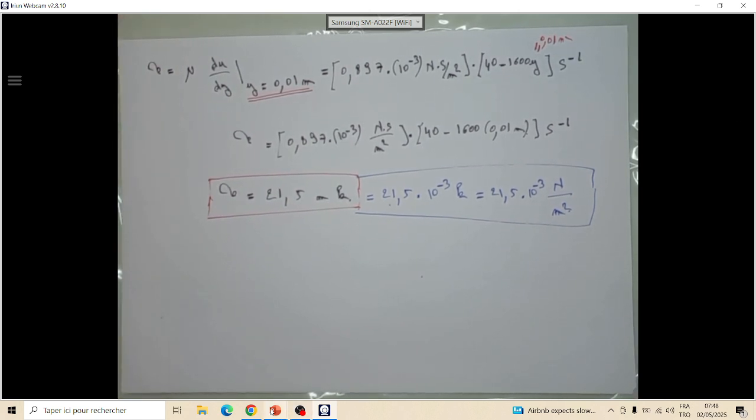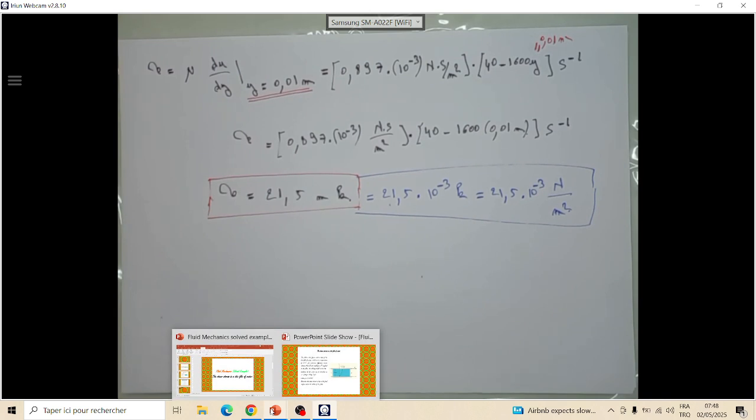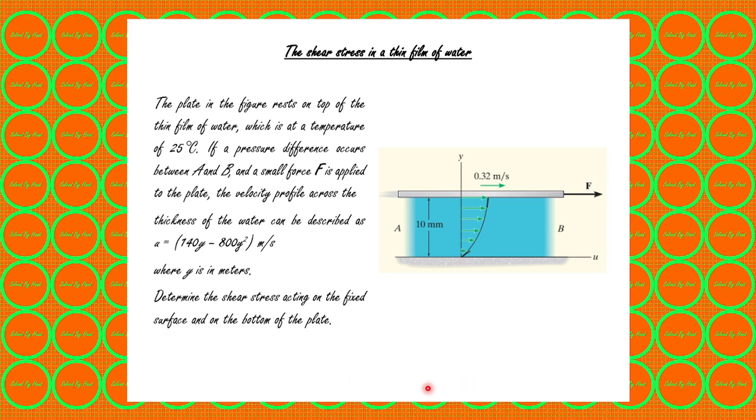I will go back again to the presentation. So we have solved this problem. This problem was about the shear stress in the fluid, water.